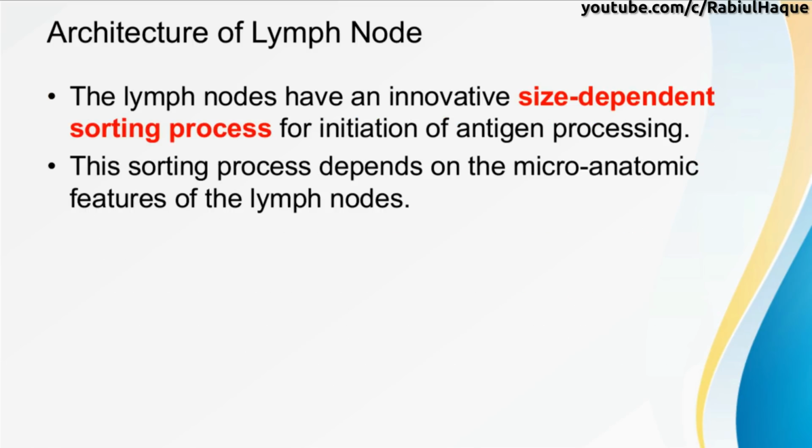Always remember, the lymph nodes have an innovative size-dependent sorting process for initiation of antigen processing. And this sorting process also depends on the microanatomic features of the lymph nodes.